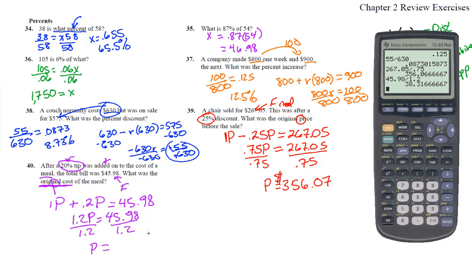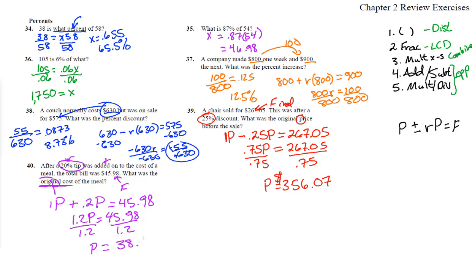Enter, 38.32 if we round to the nearest penny, dollars and cents. And that must have been the original price. And you can try it. Take 20% tip of that and add it on, and you'll get that 45.98. Excellent. Percents and percent changes.